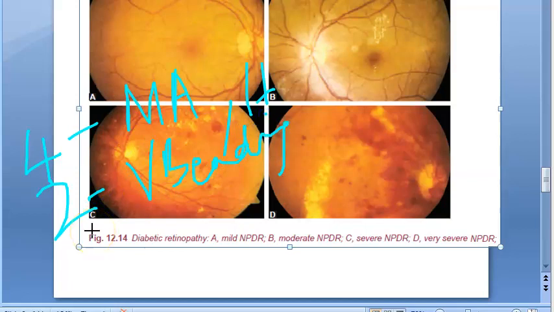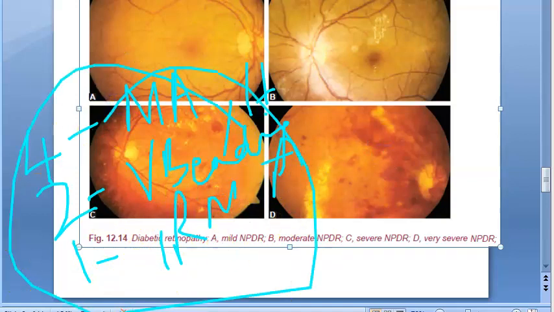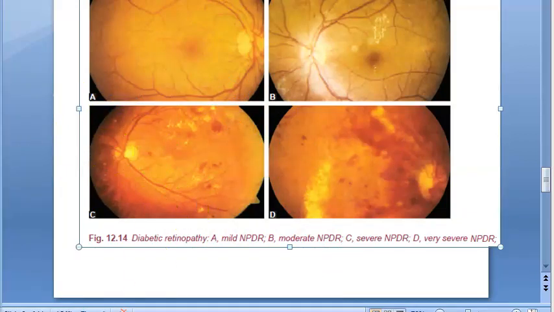Venous beading, they are saying it is nothing but the localized increase in the caliber of the vein. Then either 4 of this, or 2 quadrants of this, or 1 quadrant of IRMA. So one quadrant of IRMA changes, that will become severe. Okay, so you can kind of see it here, right?